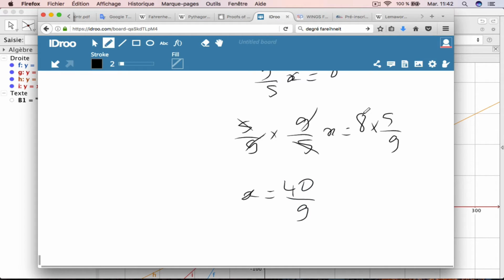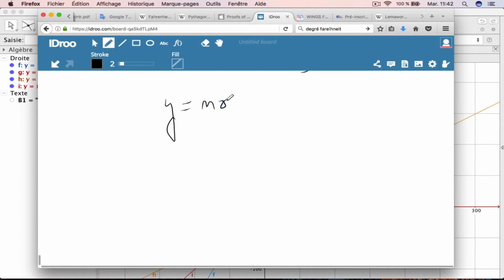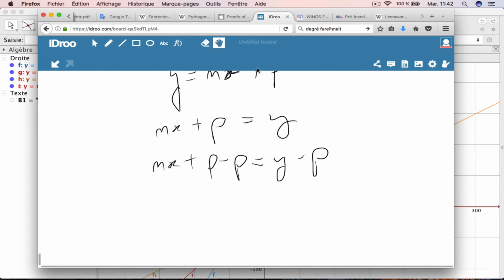That's precisely what we have done with the general formula. So let's have a look at the general formula. The general formula was y equals m times x plus p. So if we want to get x, we can do this. First, minus p on each part of the equation, so we can cancel them.